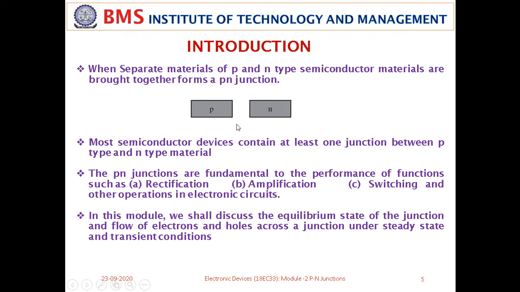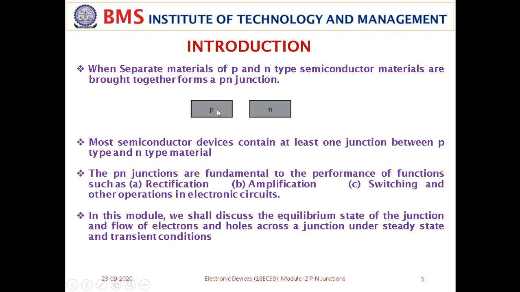Can you tell me the direction of diffusion current here? Which side is the diffusion current flowing? Electrons keep flowing from n side to p side, so diffusion current flows from p to n.